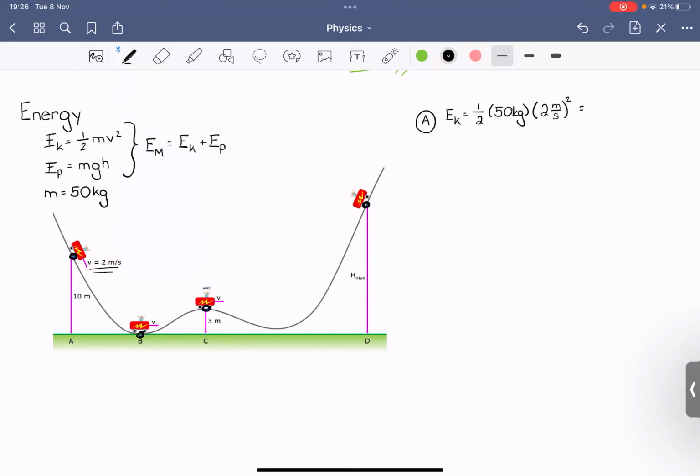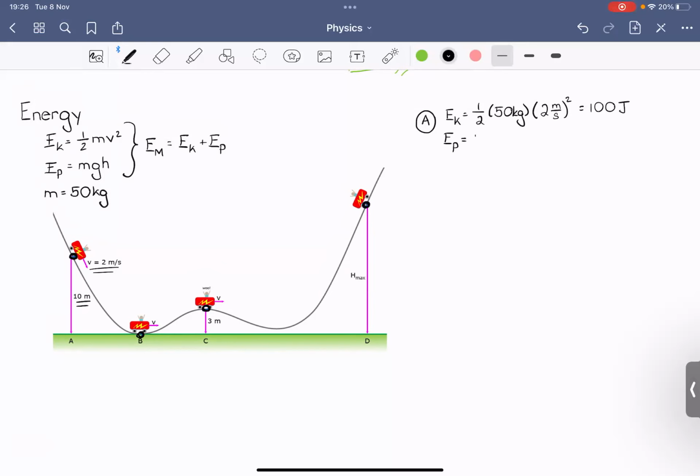All right, so if we try out 50 times 2 squared divided by 2 would give us 100. All right, and we can get the potential energy as well because we do have the height.